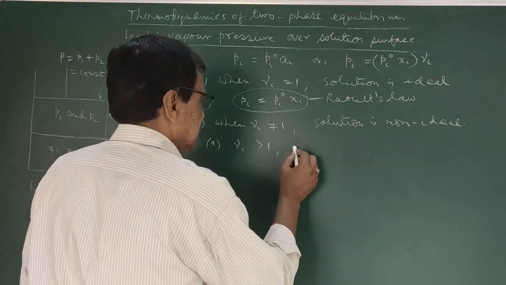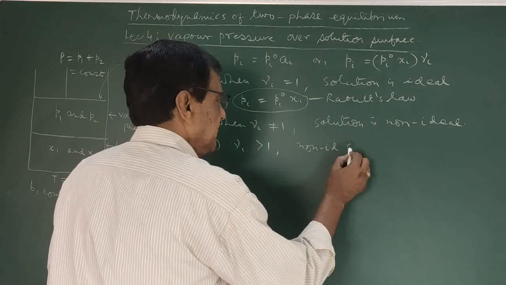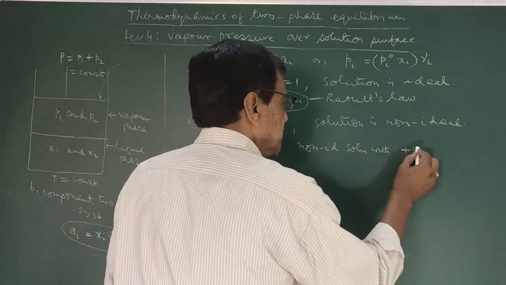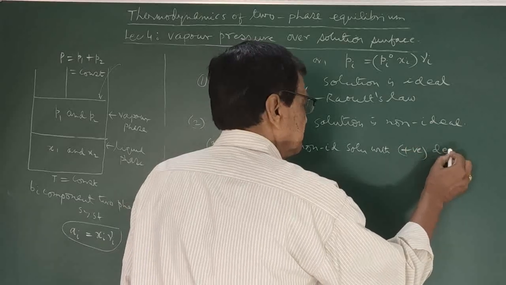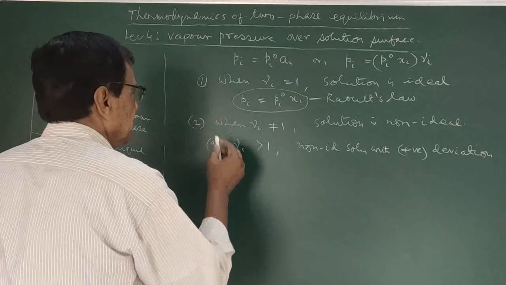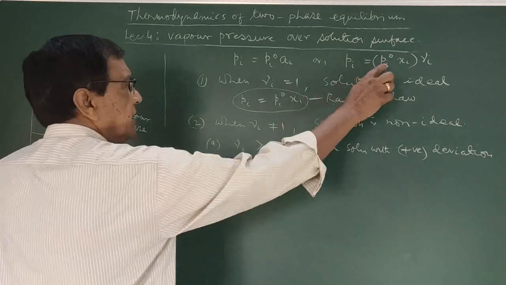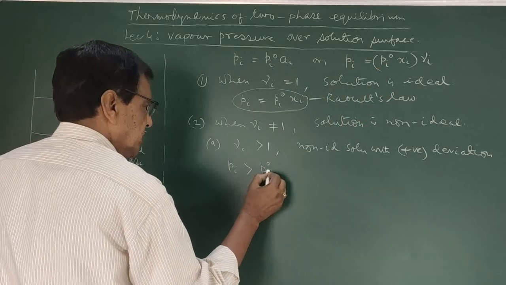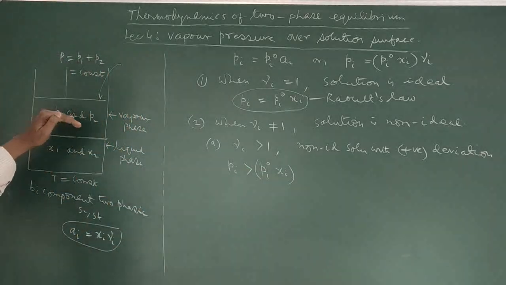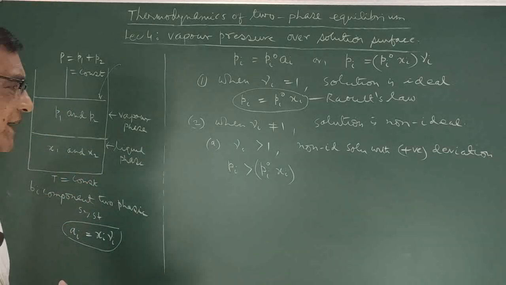In this case it is a non-ideal solution with positive deviation, and so P i is greater than P i naught into x i. This means the vapor pressure of the ith component over the solution is greater than it would be for an ideal solution.